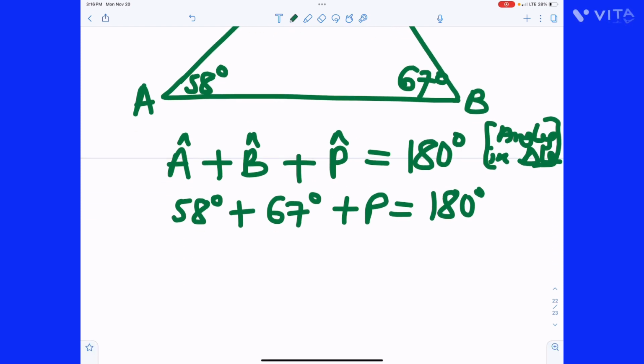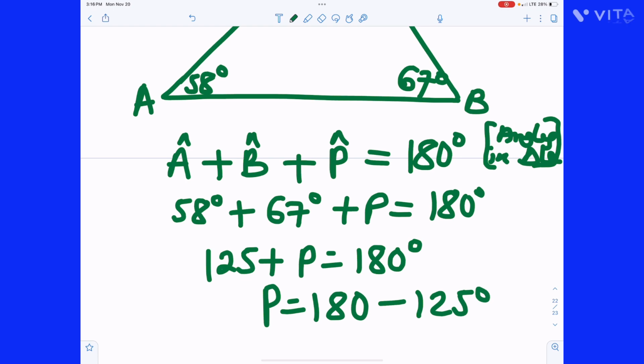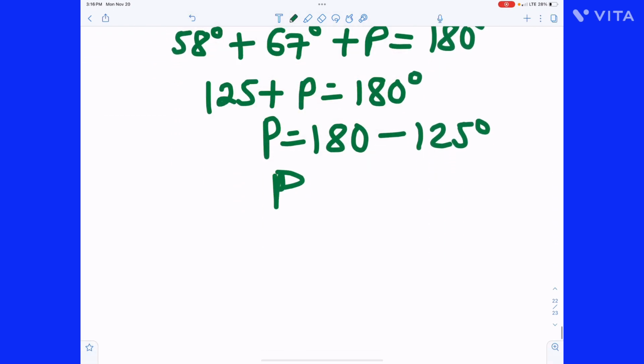Both are okay. This is 125 plus P is 180. So P is 180 minus 125 degrees. P is 55 degrees.